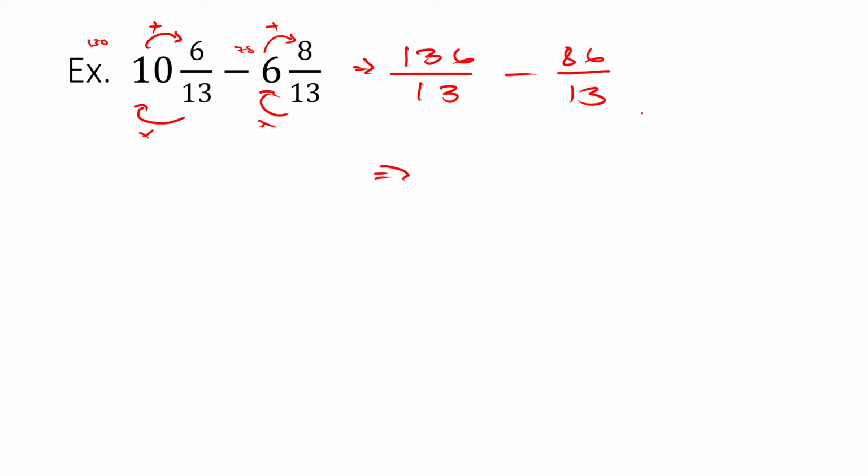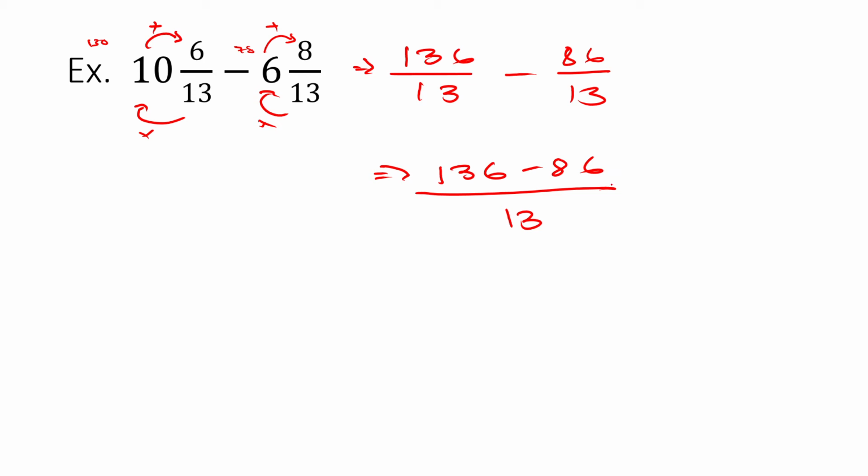Now that we changed both mixed numbers to improper fractions, we can combine them. So 136 over 13 minus 86 over 13 becomes 136 minus 86 all over 13.